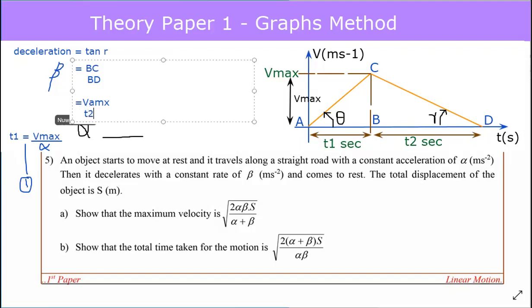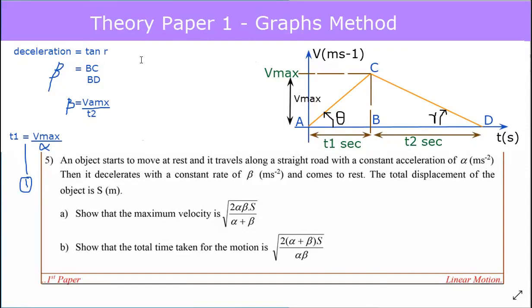BD is T2. From this also, I'm going to use cross multiplication, and subject T2. So here we have beta. I'll take T2 to this side and beta to the other side, so I can subject T2.